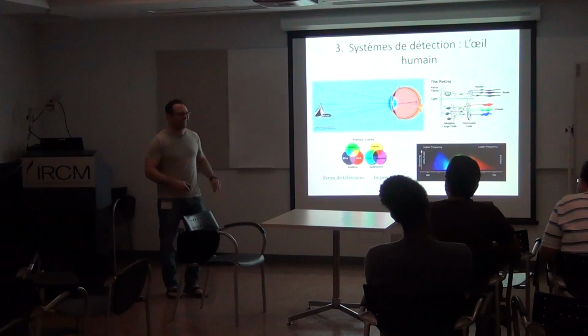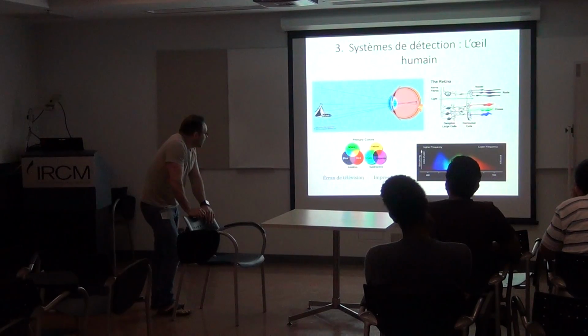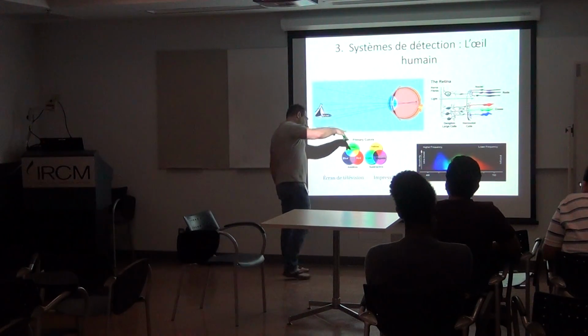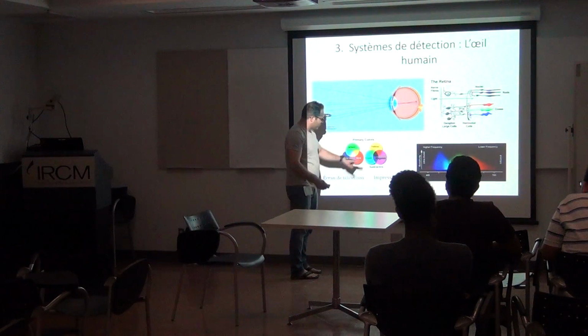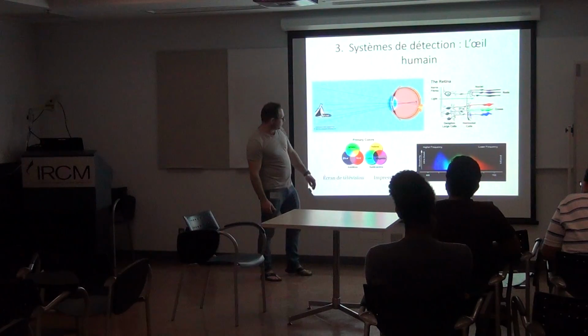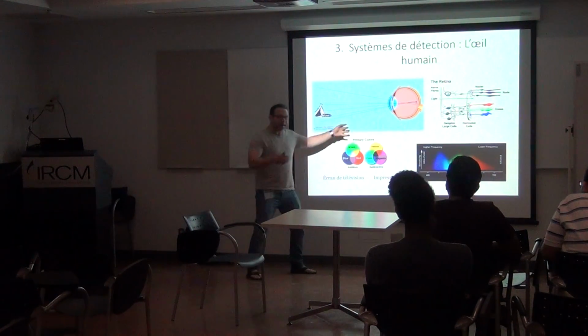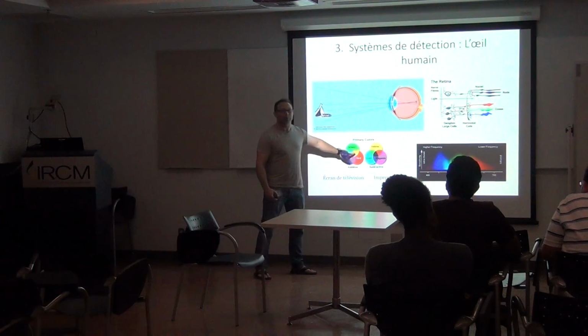So you have a white source, and then blue is absorbed. So that's why it's yellow: it absorbs blue, so green and red are re-emitted at the same time, and it gives yellow.